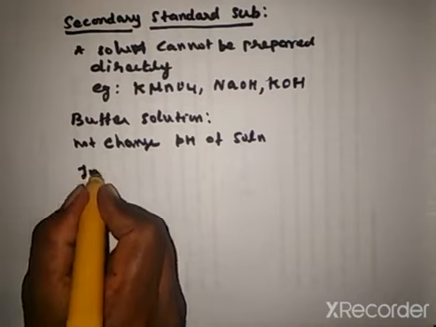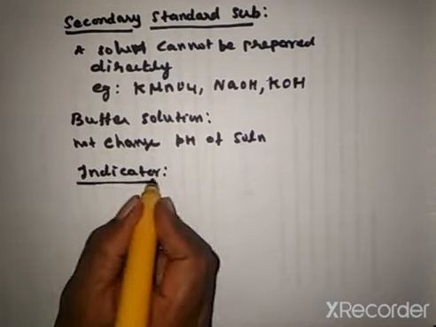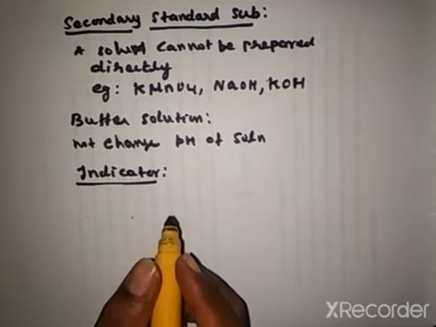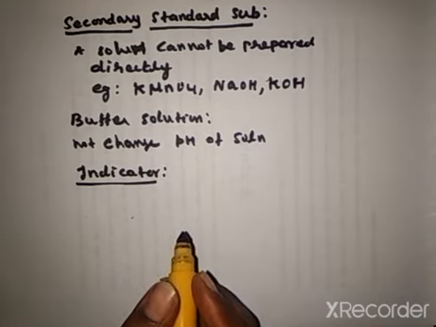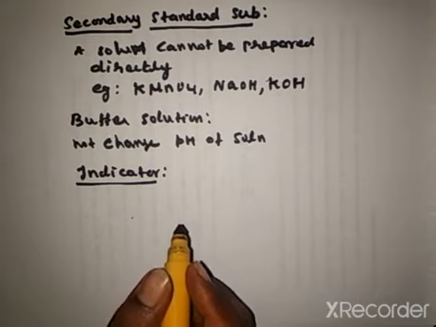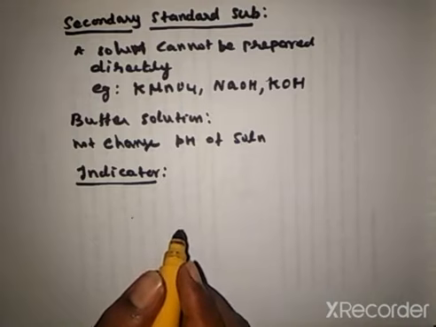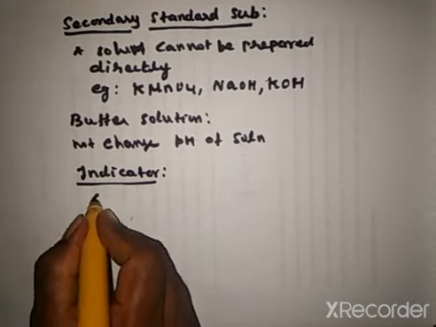What is an indicator? An indicator may be any substance that gives a visible sign, usually by color change, of the presence or absence of a threshold concentration of a chemical species, an acid or an alkaline, in a solution.